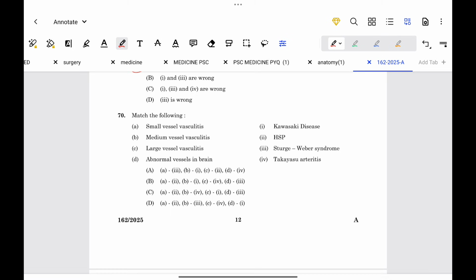Okay, next, small vessel vasculitis, medium vessel vasculitis. Here the answer is: large vessel vasculitis is Takayasu, medium vessel is Kawasaki, small vessel is HSP. Abnormal vessel in brain is Sturge-Weber syndrome. Here the answer is 2-1, option B, 2-1-4-3.